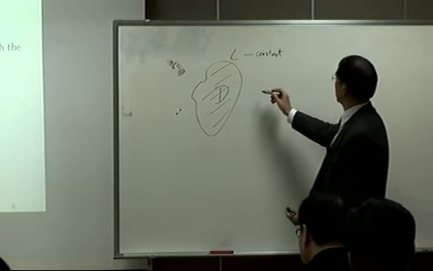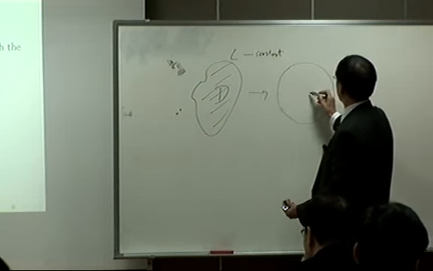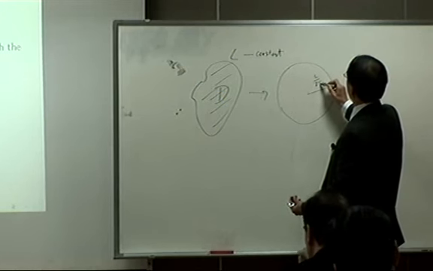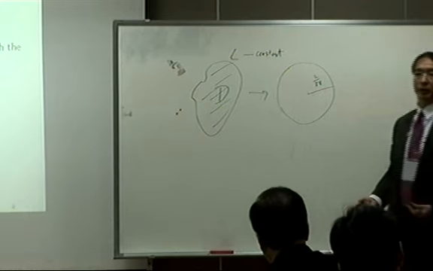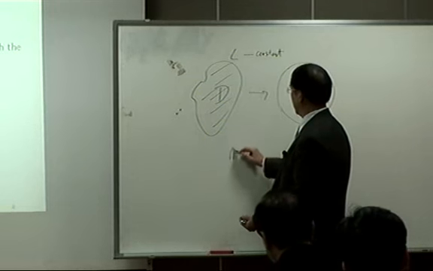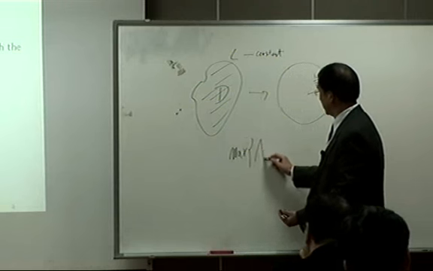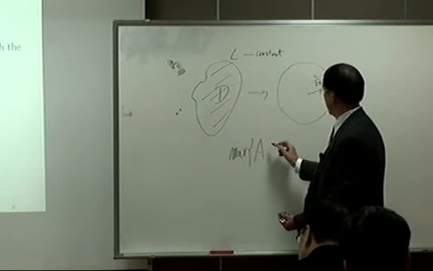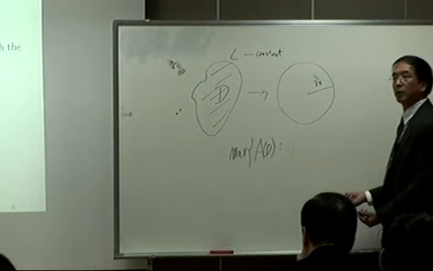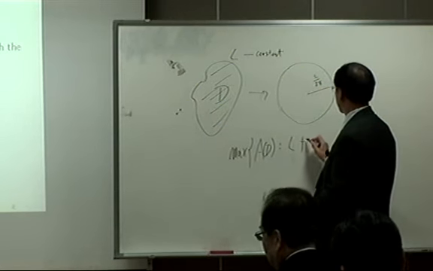Of course, only in this case, this one here, the disk with radius L over 2 pi. So this means we have the maximum area enclosed by this curve gamma, which bounds D, where L is fixed.